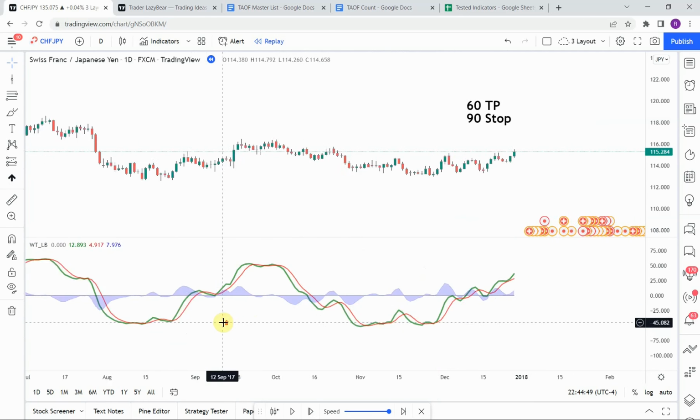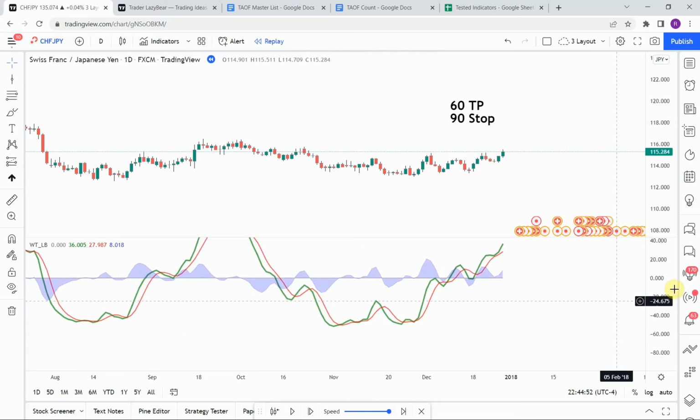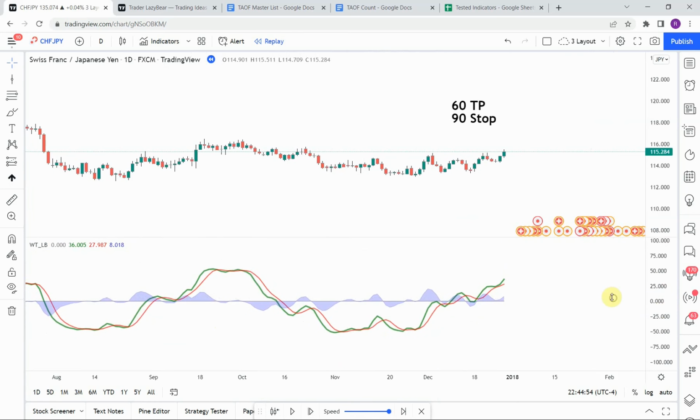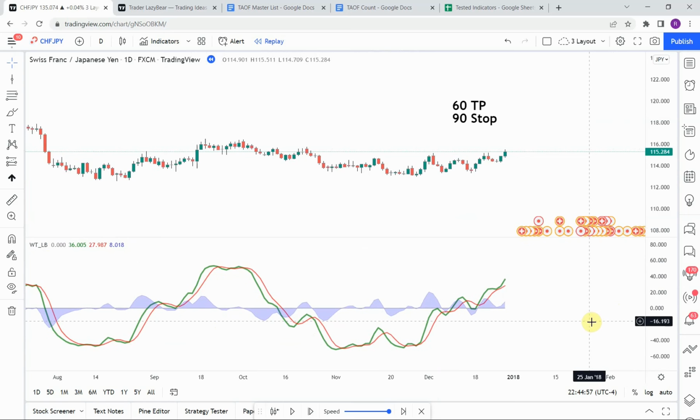So what we are looking for this time, instead of having an overbought and oversold, is the cross of the green line and the red line. When the green and red lines are above the center line, the 0 line, we are looking for the green line to cross down below the red line, and that will be a signal to go short.